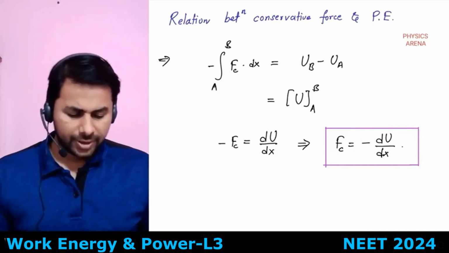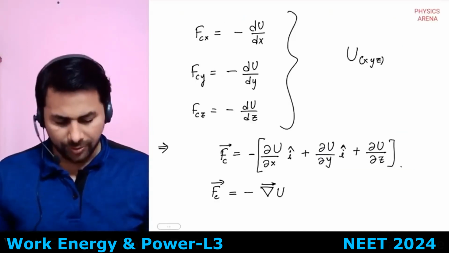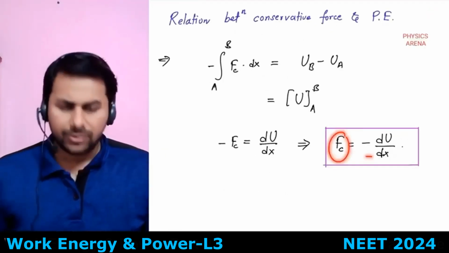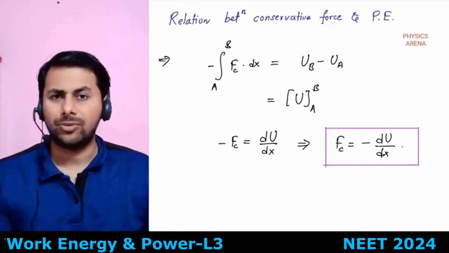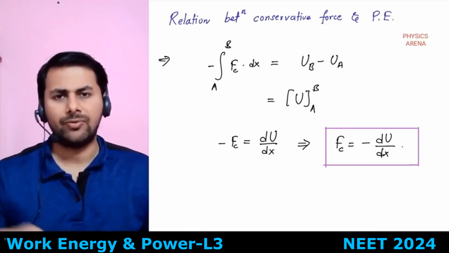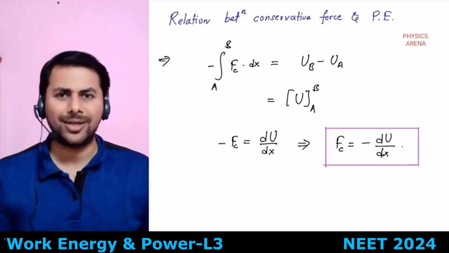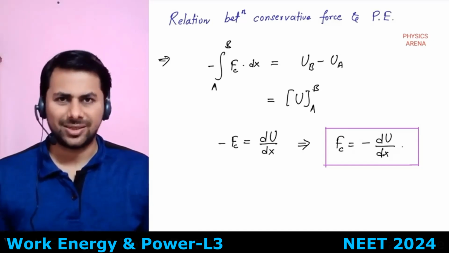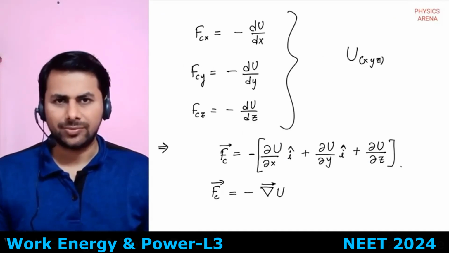Now we can generalize this and find the three-dimensional case. If we consider just the x direction, Fc is equal to minus du by dx. If Fc is in the y direction, then it will be minus du by dy. If it is in the z direction, it will be minus du by dz. So here we define partial derivatives.